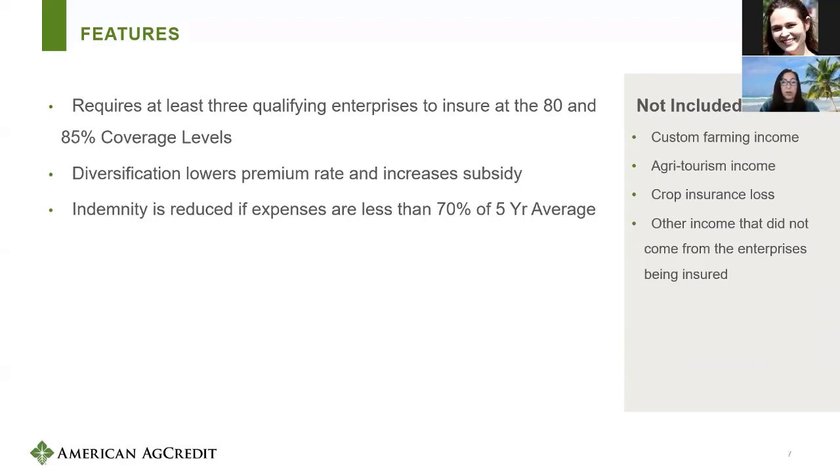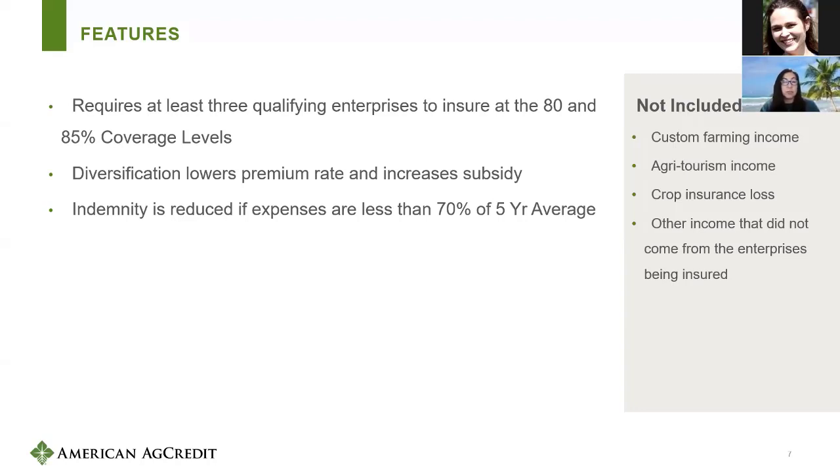In order to qualify for 80 and 85% level, which is the highest level available, you have to show at least 3 different commodities that you're growing. So really this product is designed for a diversified farmer. The more commodities that you're growing, the higher that you can insure and the better the premium subsidies are.